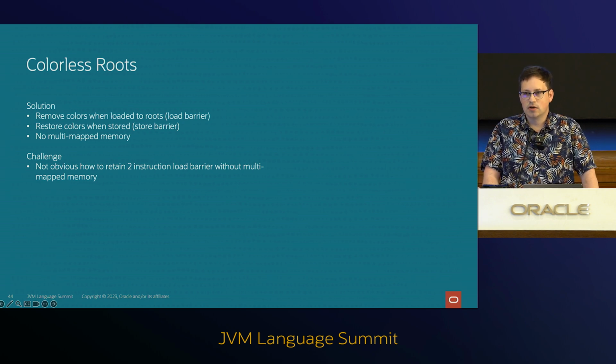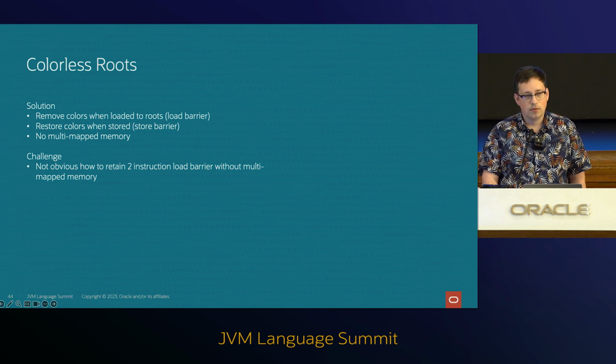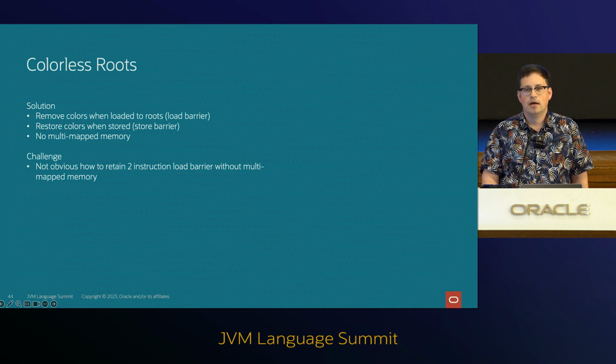Instead, these colors are restored as part of a store when we store a reference back into the heap. And this way, we don't need any multi-map memory anymore. But the main challenge has been, how can we perform this extra operation of removing the colors as well without a cost? We don't want to have more than 2 instructions.